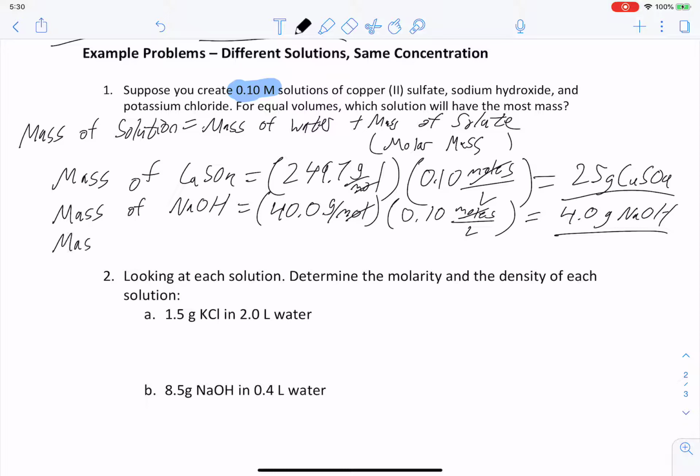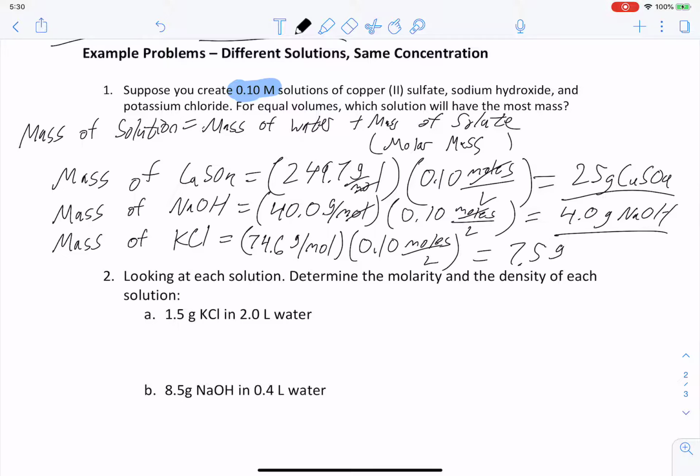Last one, mass of potassium chloride. That is the molar mass for potassium chloride added up, 74.6 grams per mole, times 0.1, and that will get you 7.5 grams of potassium chloride.